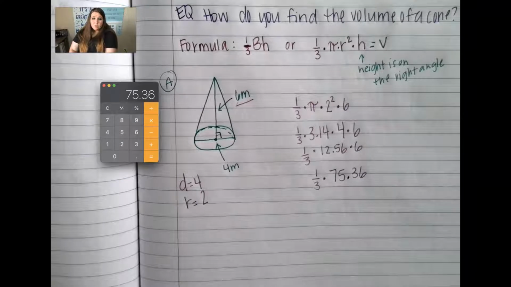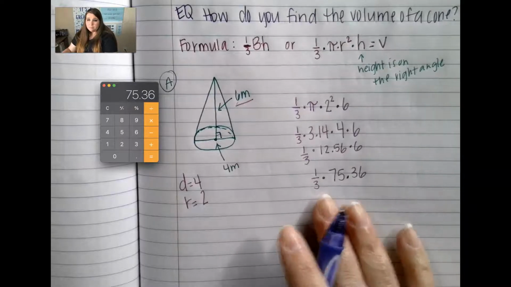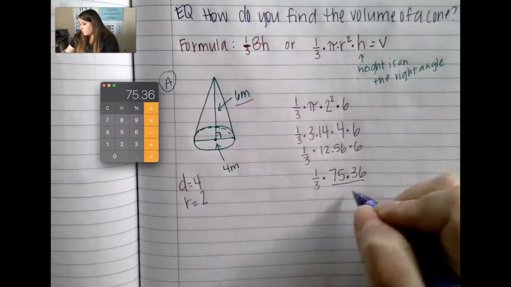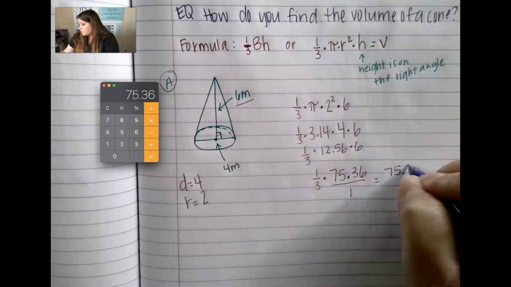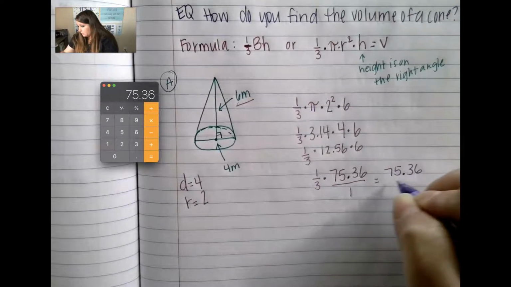Now, if you want to look at 1/3 first, you are welcome to do that. But I personally like to look at it this way, because now we can multiply straight across and see that really we're just dividing by 3.